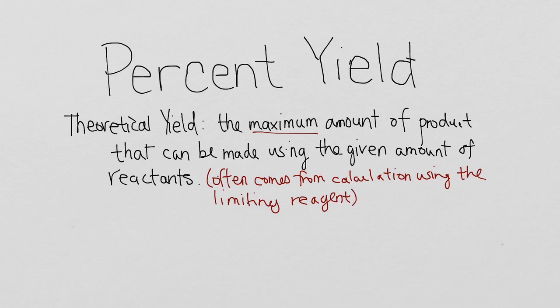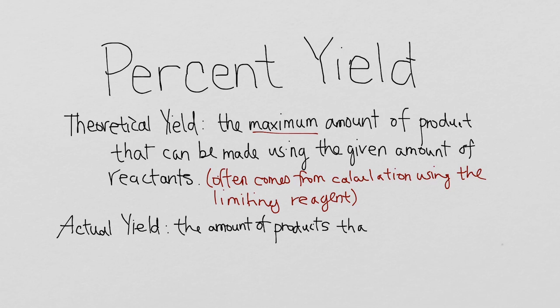And then you have something else called actual yield. So now this number is the amount of product that's made in reality.